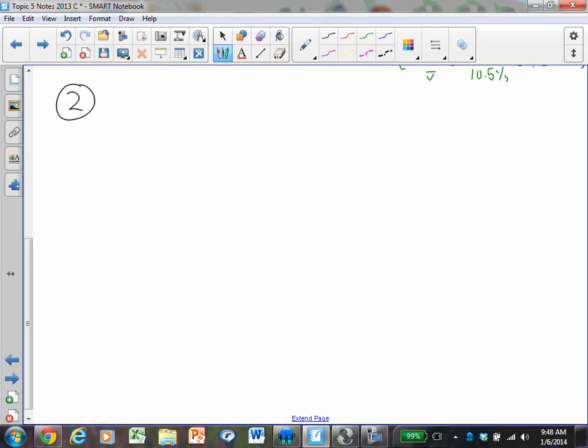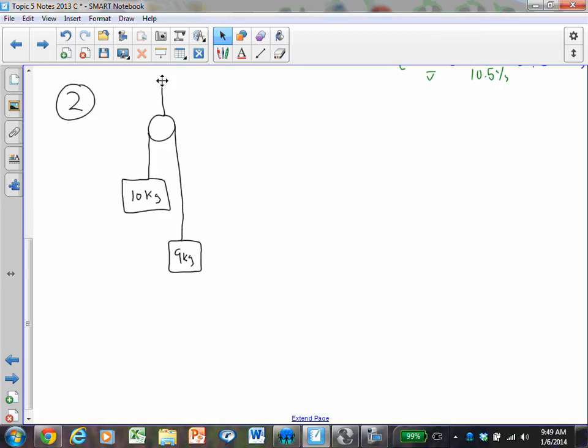So, all right, let's draw a little simple figure for this. We'll have a 10 kilogram mass and a 9 kilogram mass. Which way will this move? Down, and this will go up, right?